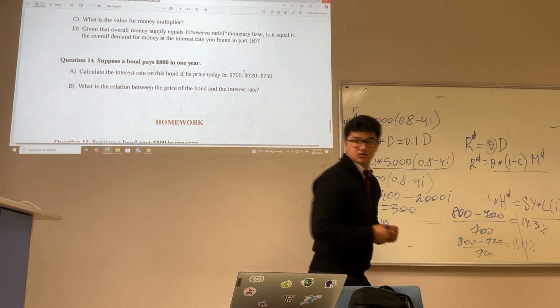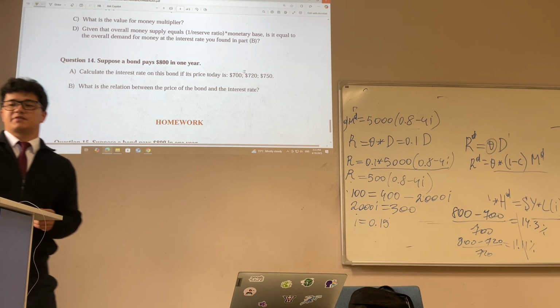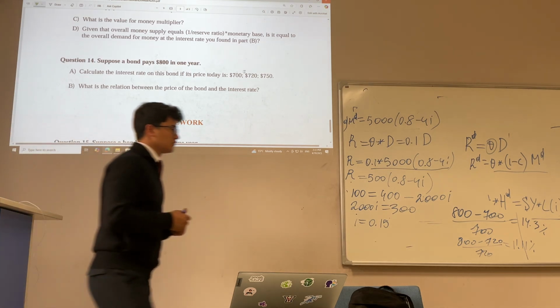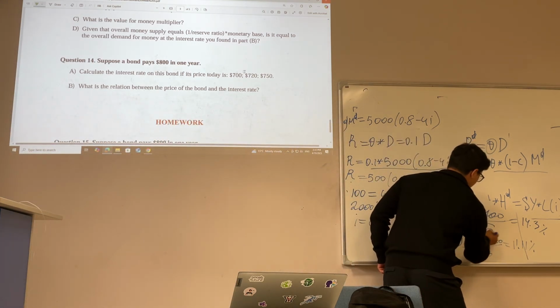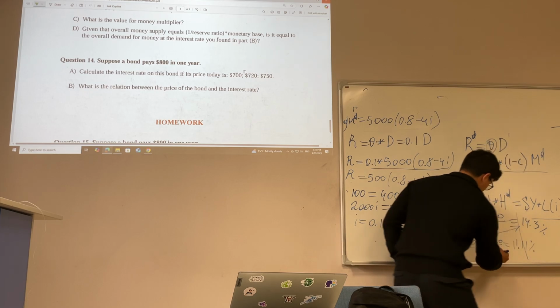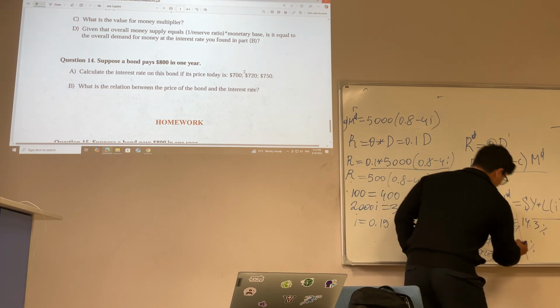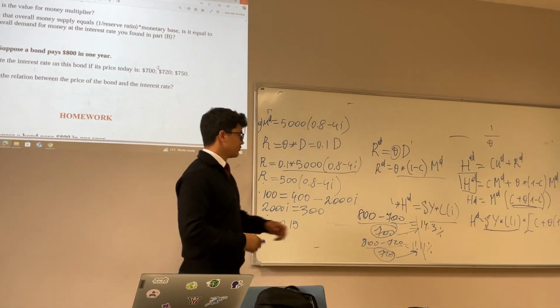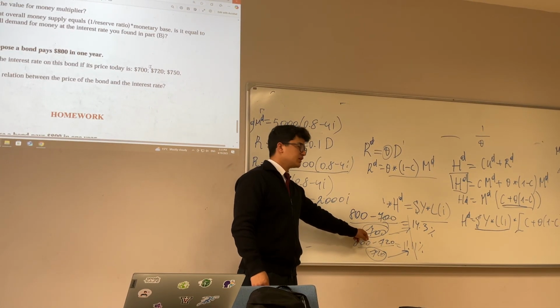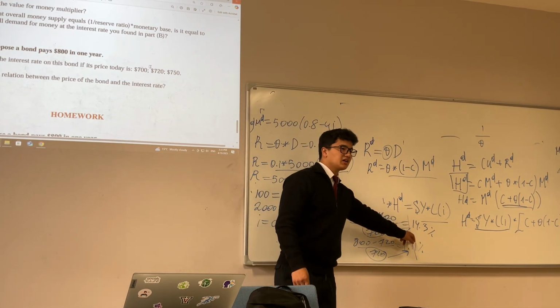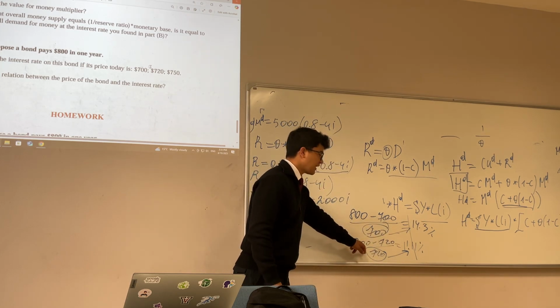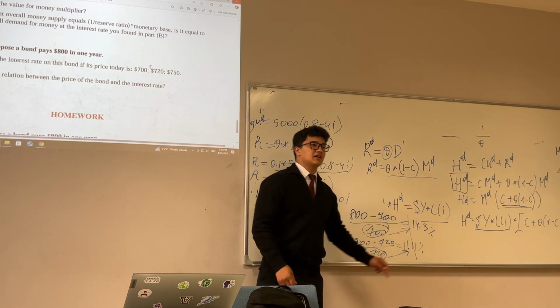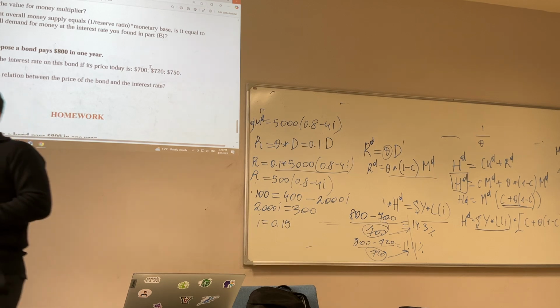So guys, what is the relation between price of bond and interest rate? What we can see here is that when the bond price is lower, the interest rate is higher. When the bond price is higher, interest rate is lower. That's the relation between interest rate and bond price.